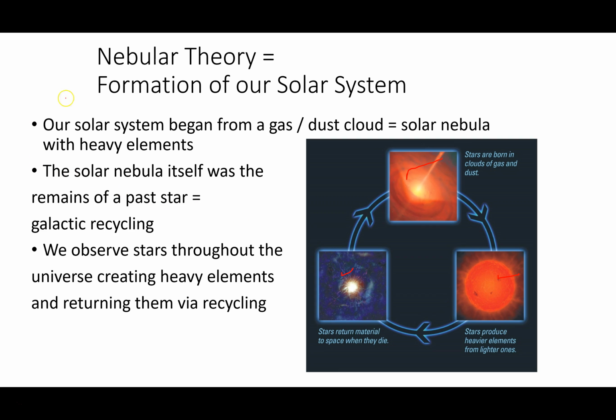So generally know when we talk about galactic recycling, what we're doing is talking about stars that are giving their material back for new stars to be born. So the nebular theory then is specifically the formation of our sun and the planets in our solar system.